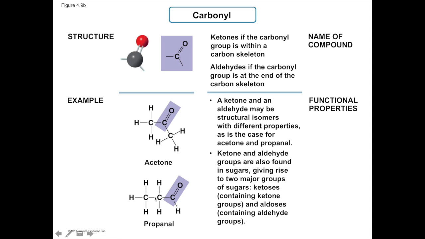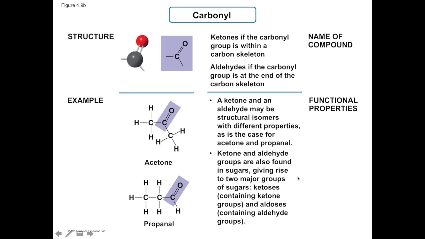There are aldehydes if they're at the end, so you can see this carbon is at the end of the skeleton with just a hydrogen here. But both of these different types of carbonyl groups are polar because you've got oxygen that is pulling electrons away from that carbon that it's attached to.